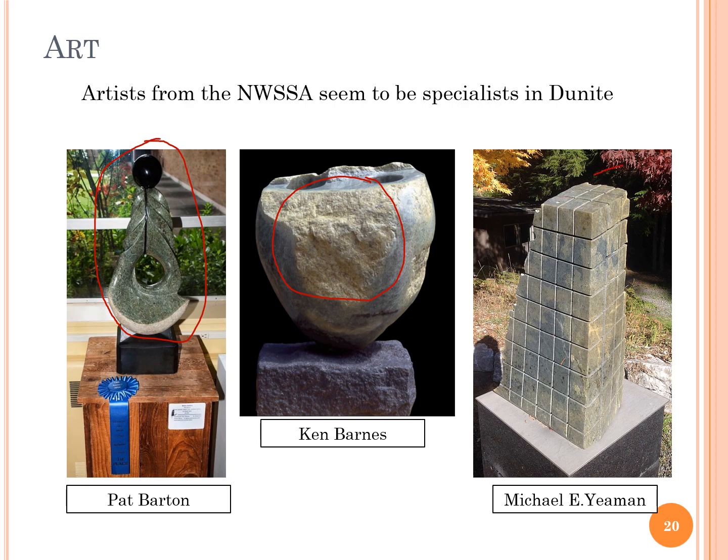And here I've done something quite geometric where you can pick out some of the different characteristics of the weathering Dunite, including some of these little black chromite dots down here in the lower portion of that sculpture. Anyway, many of us here in the Northwest Stone Sculptors Association have created many different types of sculptures from Dunite, from big to small.